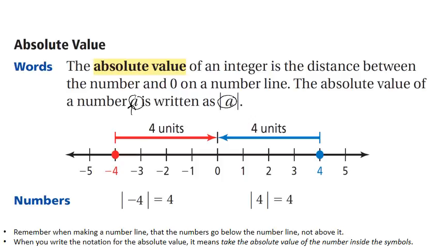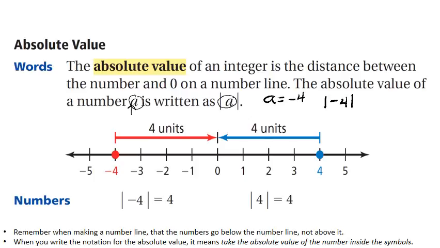So if I say, well, let's let a equal -4, then we're looking at the absolute value of -4. Now by the definition, an absolute value is the distance between the number and 0 on a number line.